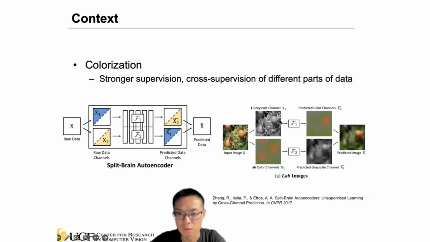On one stream, you have the grayscale image and a predictor F1 to predict the corresponding color channels. On the other stream, you have the color channels and another predictor to predict the corresponding grayscale channels. Then you can use the predicted color and the grayscale channels to form the predicted image. This is how they learn through this colorization process.